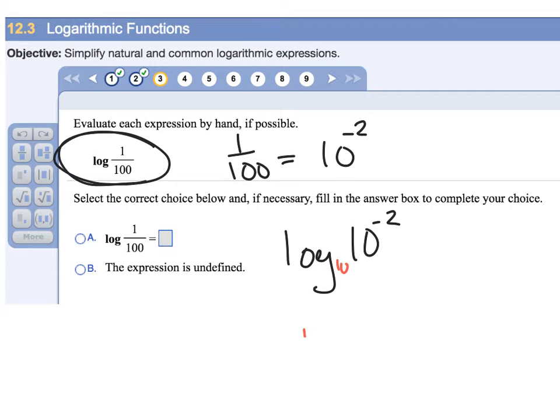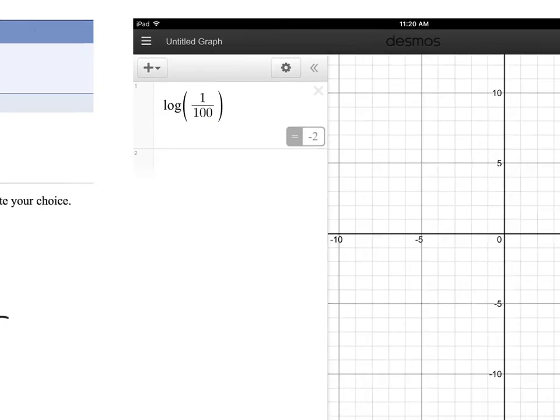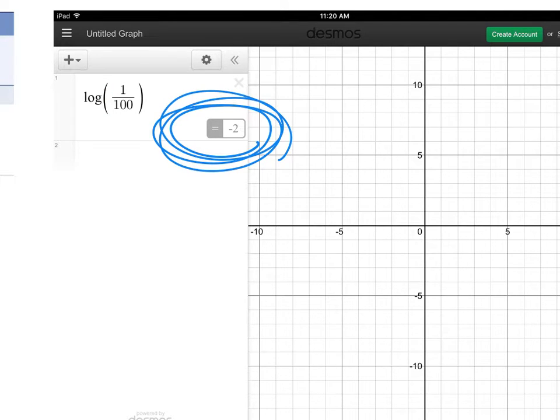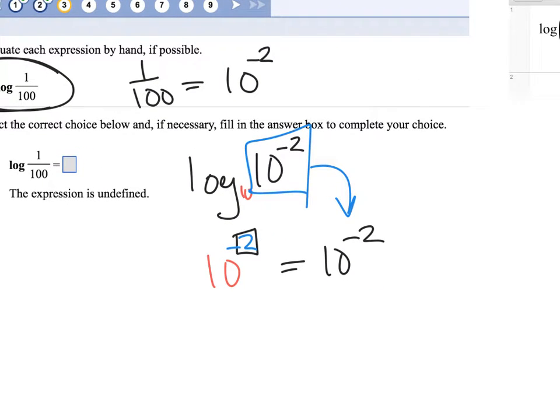So this is saying 10 raised to what power is equal to 10 to the -2, because this thing goes right there. And so the answer is -2. But if we wanted to, we could look at Desmos, and sure enough, I type it into Desmos, and I get the answer of -2. And so we didn't really have to do all of this logic, because Desmos did the thinking for us.